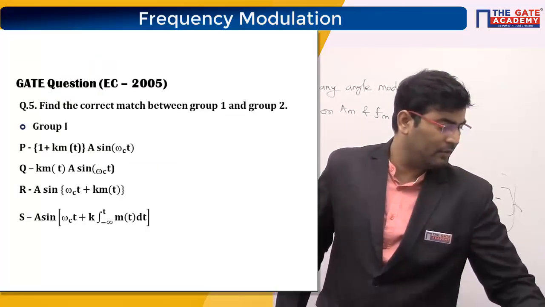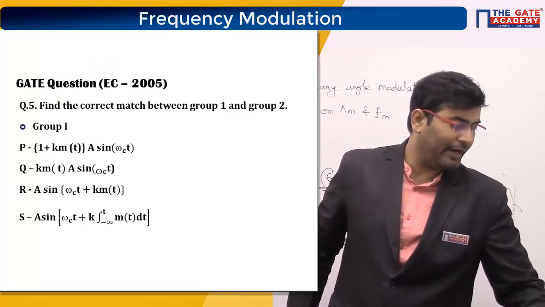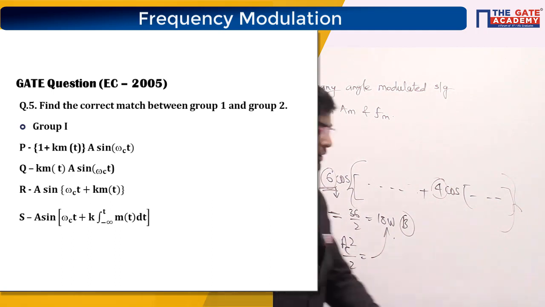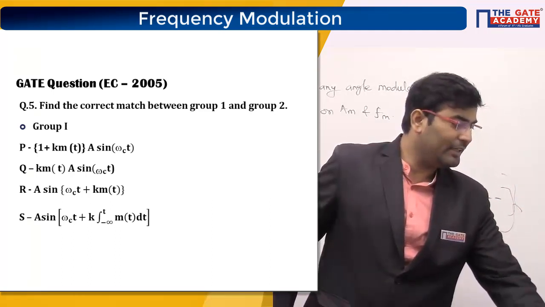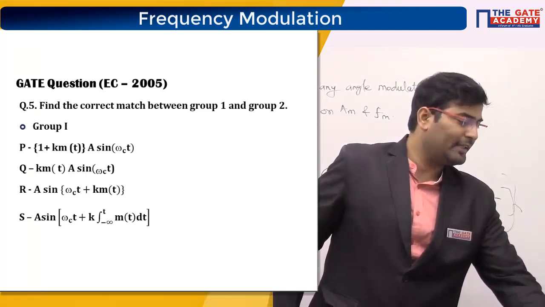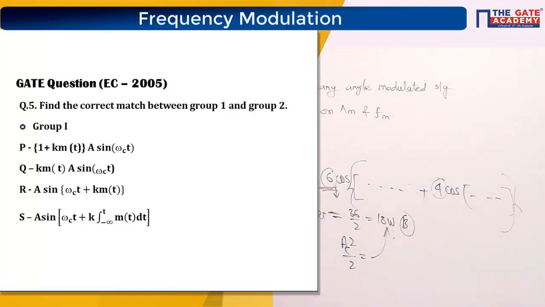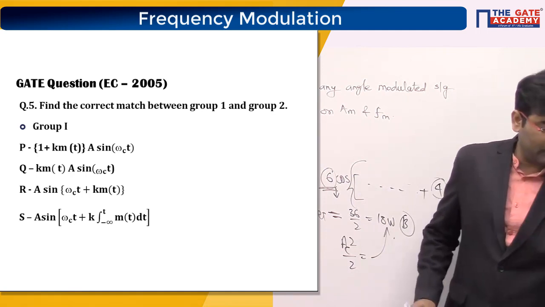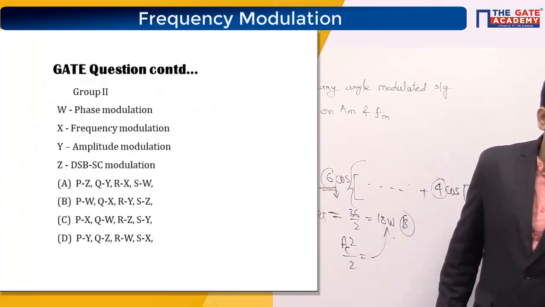Question number 5. Write the equation first, in case you have not done it, and then you have to match it with the options. So guys, in this question, look at the first equation: 1 plus km of t, times A sine omega ct.